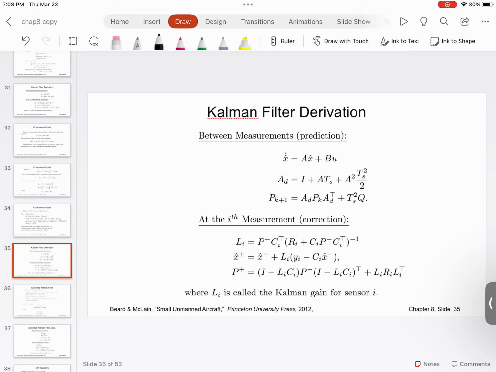For the Kalman filter to work, the process noise and measurement noise have to be Gaussian. For the classic Kalman filter to work, your system dynamics have to be linear. And most system dynamics are nonlinear, and most process noise and sensor noise is not Gaussian.